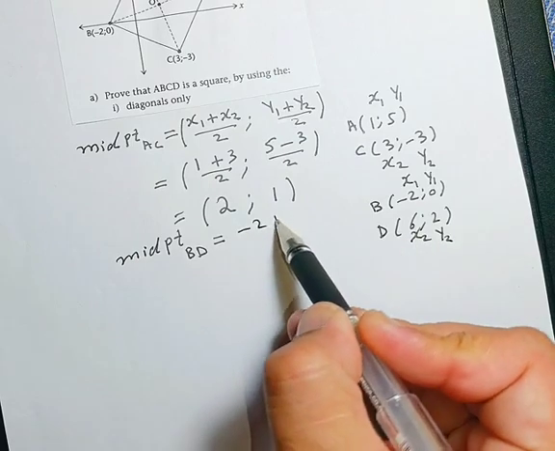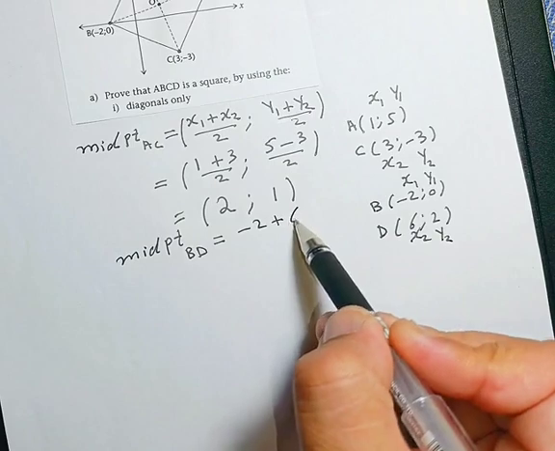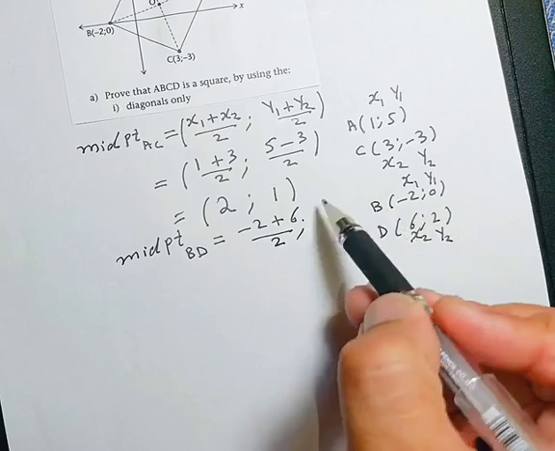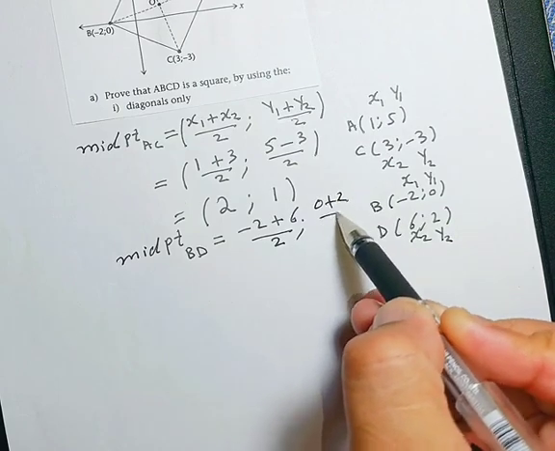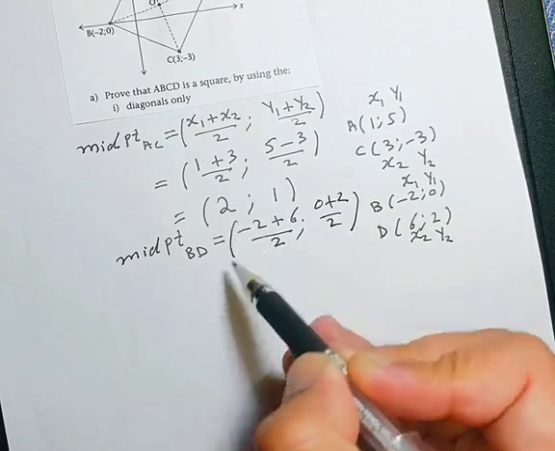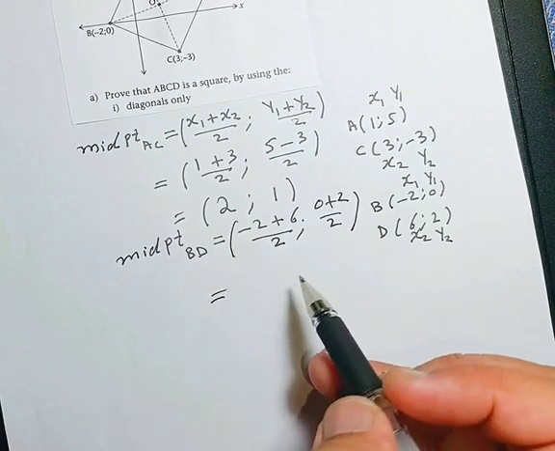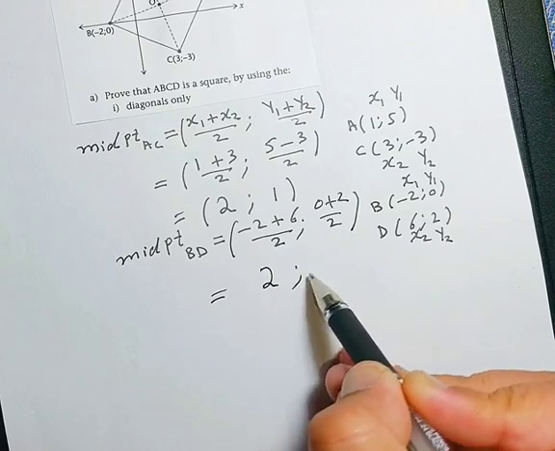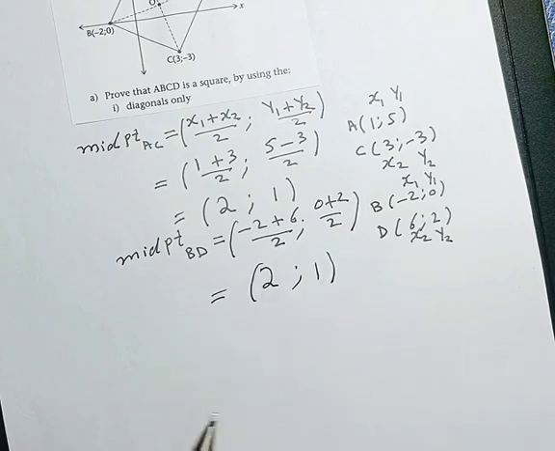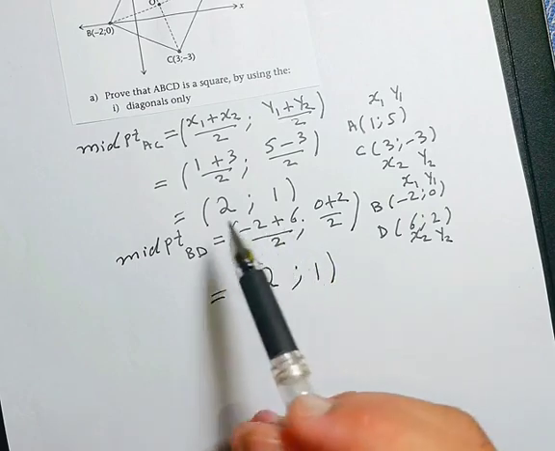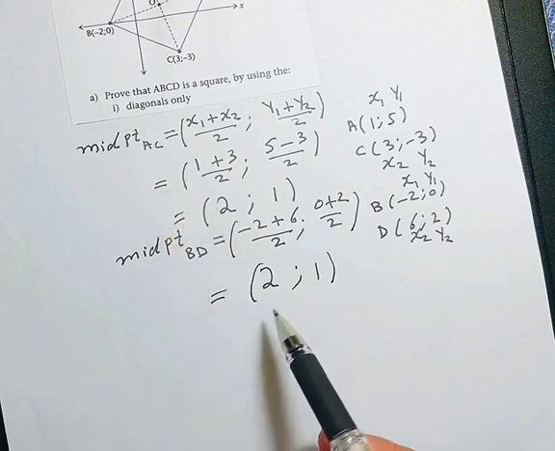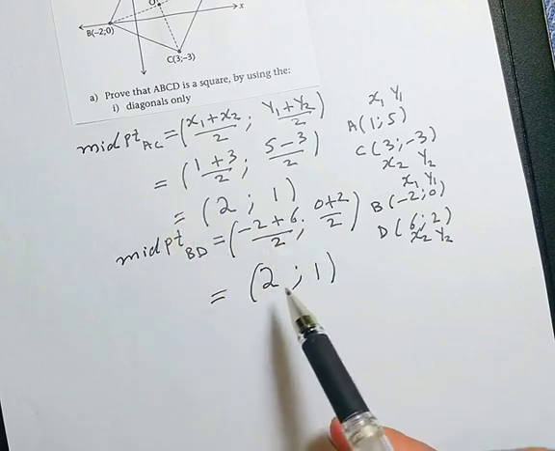So -2 plus 6 over 2, and this side y1 plus y2, 0 plus 2 over 2. I'm going to simplify this one. This is going to be 2, and that's going to be 1. So you can see now, the midpoint of AC and the midpoint of BD are equal, 2 and 1, they are the same.